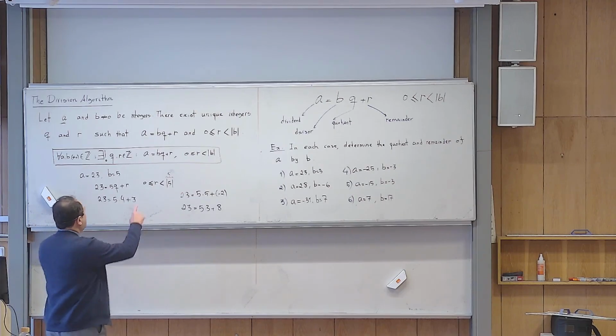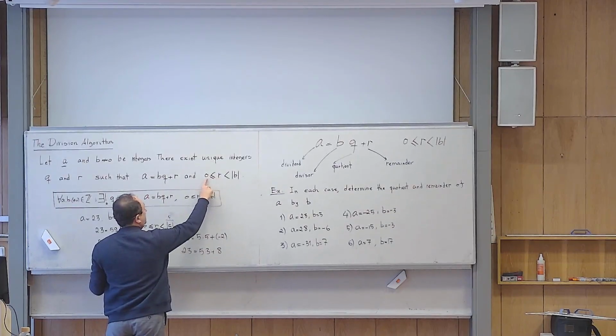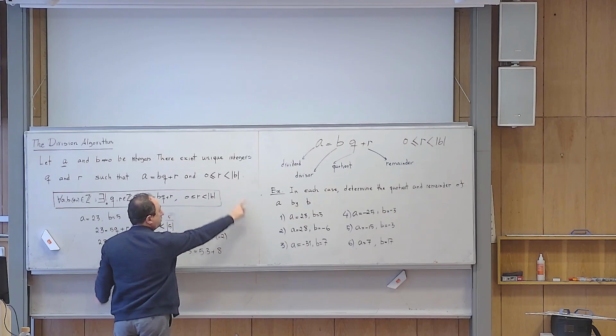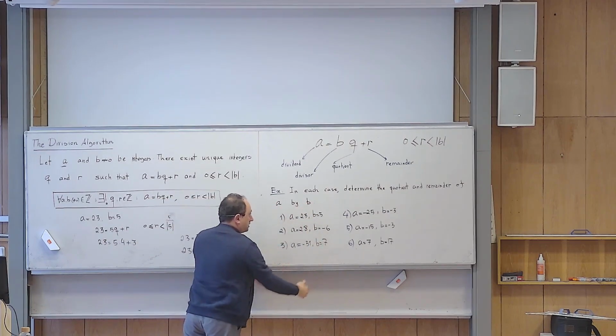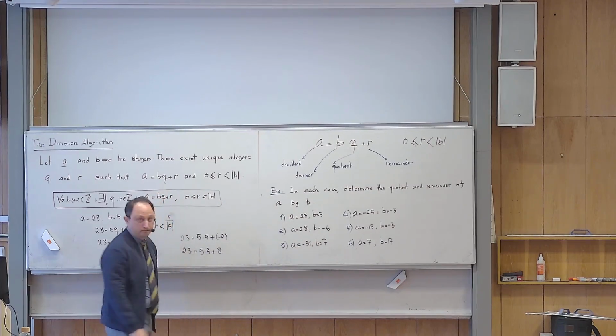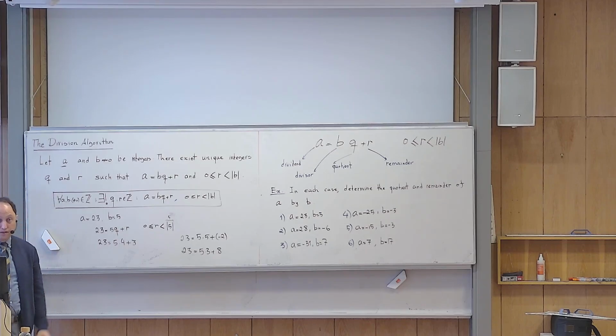I am respecting the same notation here, yes? So this R should be greater than or equal to 0 and less than absolute value of B. And in each case, A is this A and B is that B.